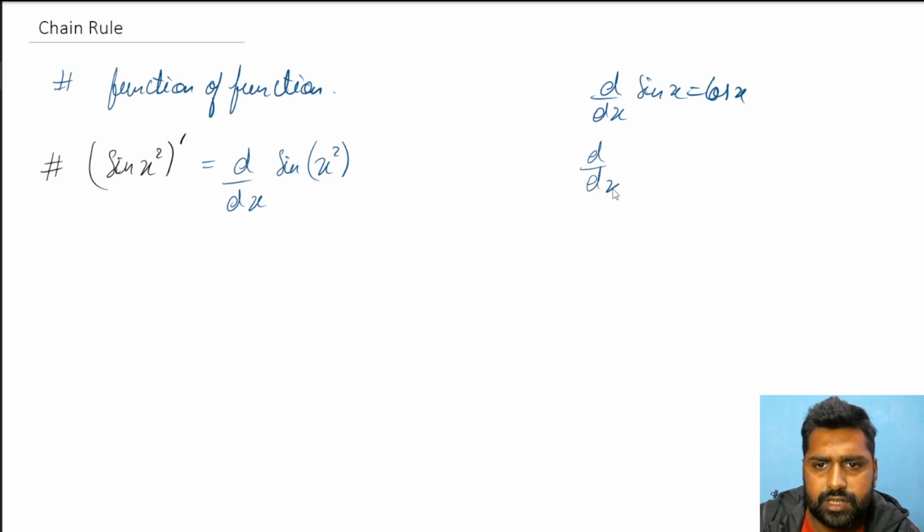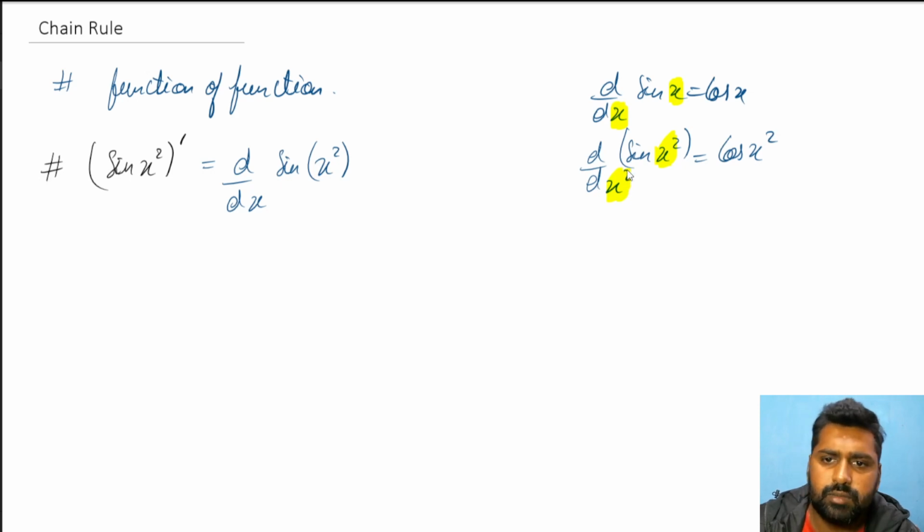However, if we differentiate sin x square with respect to x square, that is d/d(x square), that will be cos x square. Means if the variable matches, then we can directly differentiate, otherwise we cannot. Here we have d/dx of sin x square, but x square is not x, so it doesn't work directly.